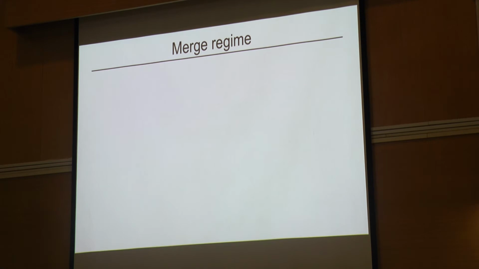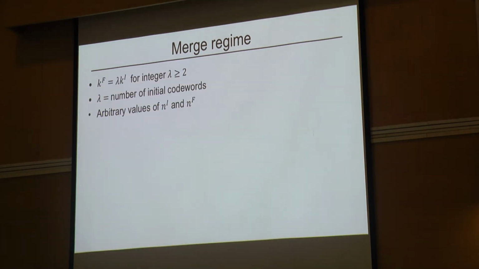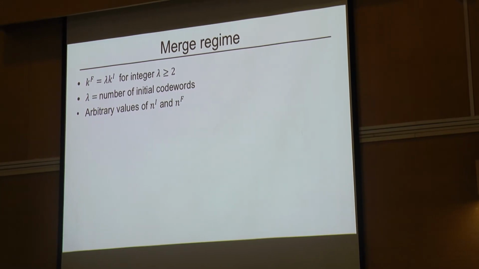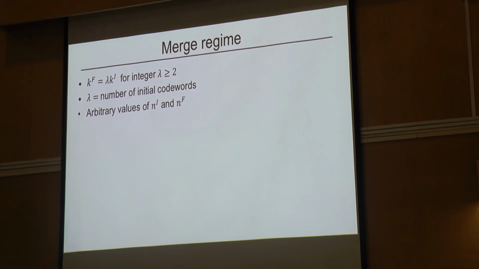Okay, so the merge regime is the regime where you go from multiple initial code words into one final code word. That is, we have kf equal to lambda times ki, where lambda is an integer greater than or equal to 2.